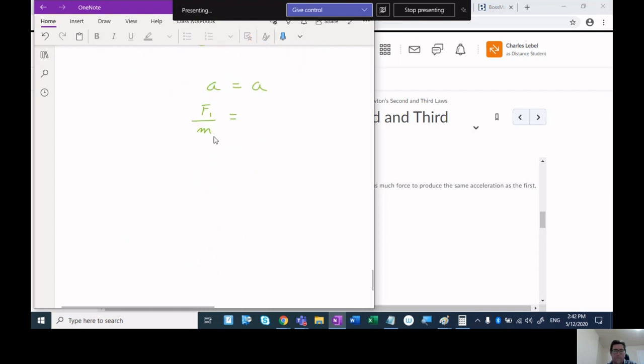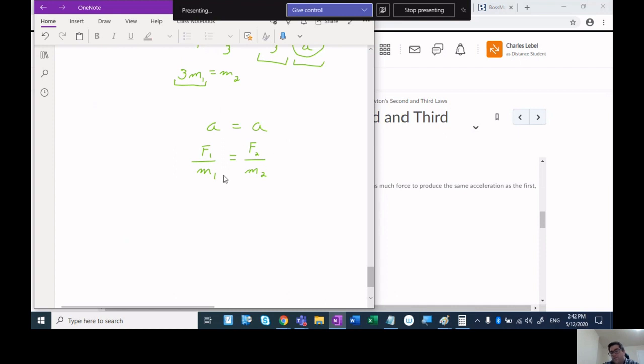Okay. I like this way better. Personally, that's my personal favorite. And then we can continue extrapolating information. F1 is F1, M1 is M1, F2 is 3F1, and M2 stays M2.